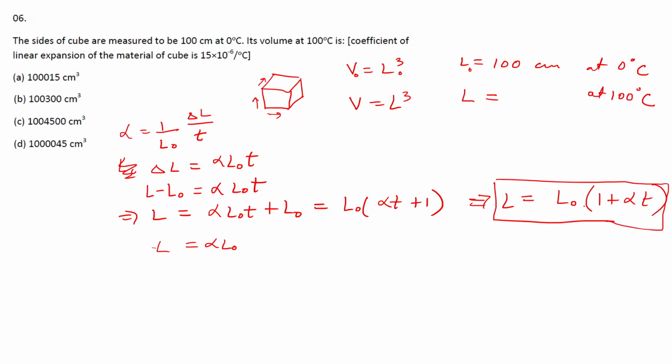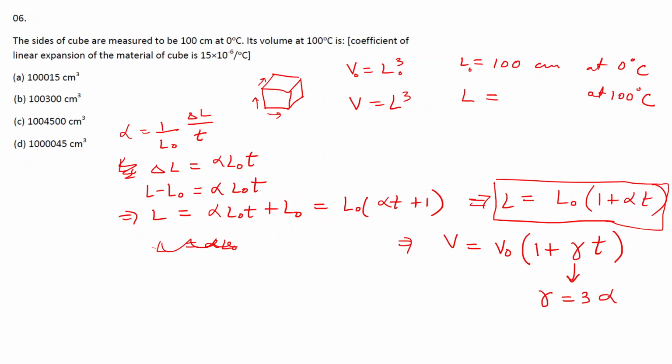Based on the same logic, it's known that when the linear expansion is the same in all directions in the body, then what will be the volume after expansion? We know the relation that it will be 1 plus gamma T, where this gamma, since it's a volume and V is L cube, will be 3 times alpha.